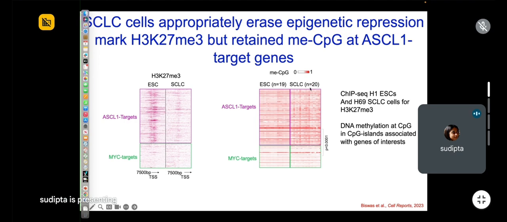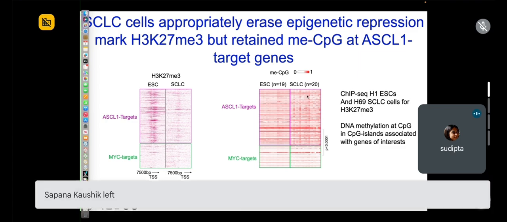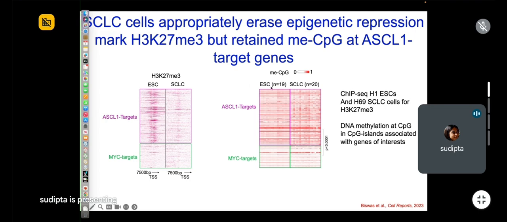But interestingly, when we check the CpG methylation, which also regulates gene expression at the transcription start site, you see that in small cell lung cancer the ASCL1 targeted genes are highly methylated; the CpG region is more methylated compared to the embryonic stem cell. MYC is similar.